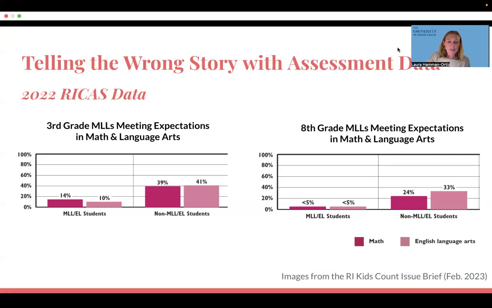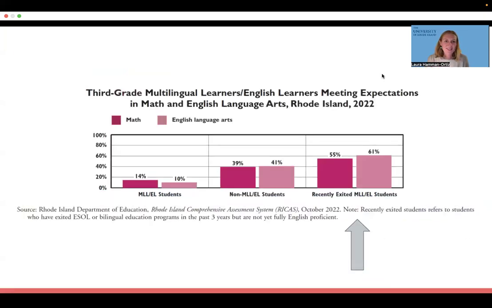A much more useful and much more interesting data point was this data from that same RICAS year, which showed MLL students, non-MLL students, and recently exited MLLs, which is exactly that group we were talking about. Students who used to be MLLs, but now they have reached English proficiency. And this data tells an amazing story. Students who recently exited are outperforming non-MLL students in English language arts and math in this third grade example.